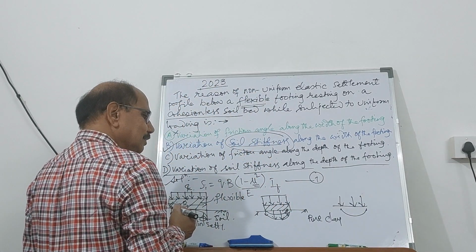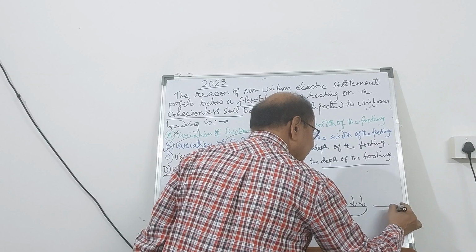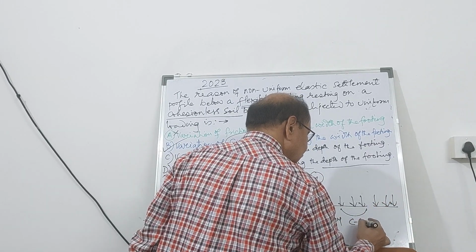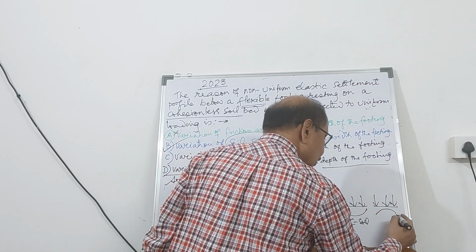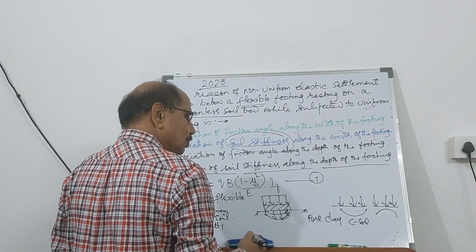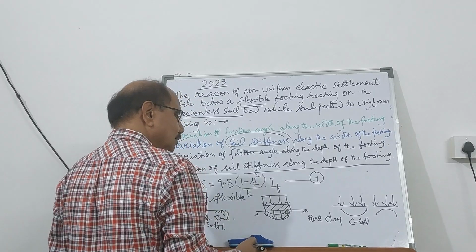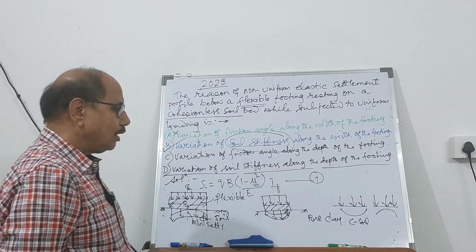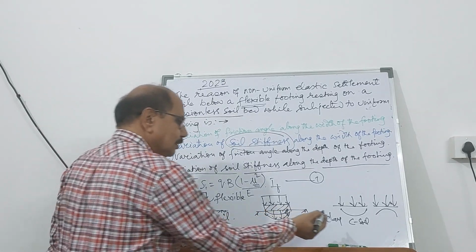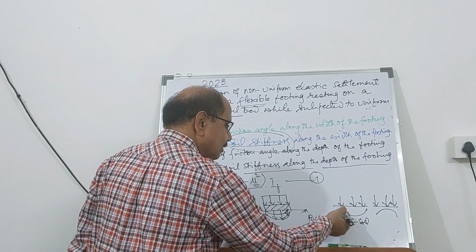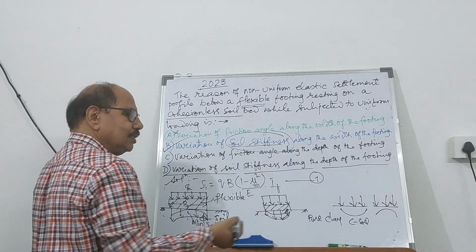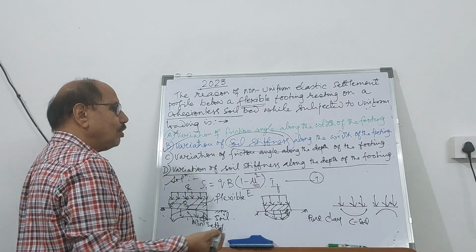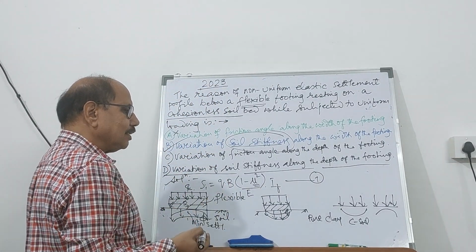If it is phi soil, it is going to bend like this. So the flexible footing is considered to be flexible, and the clay soil is also flexible, it's something like this. But here the stiffness is going to change, so it is like this. So all those things you can learn.